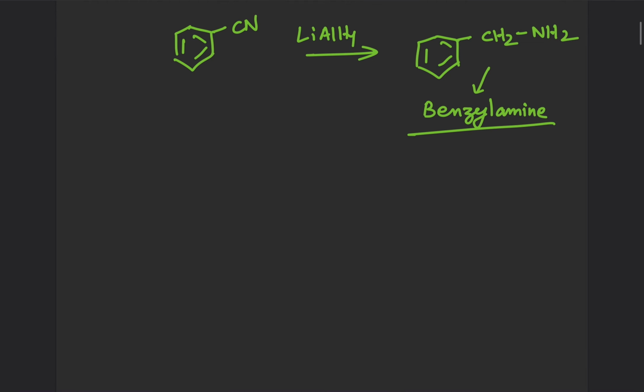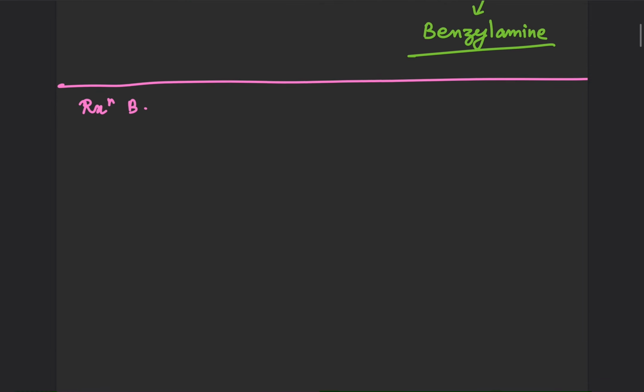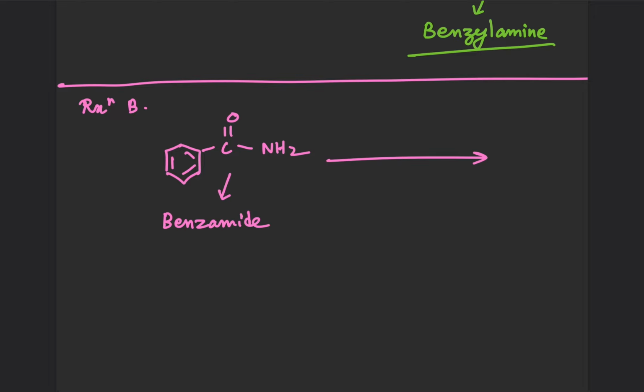Now coming to reaction B. Here we have benzene ring connected to C double bond O NH2, which is known as benzamide. It is reacting with KOH, which is potassium hydroxide, and Br2, which is bromine.